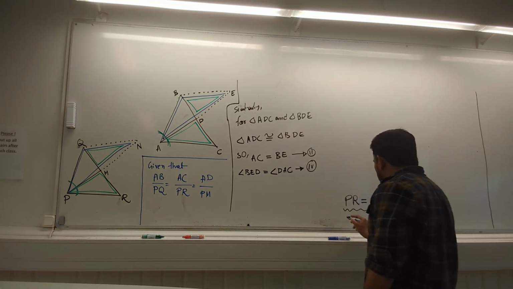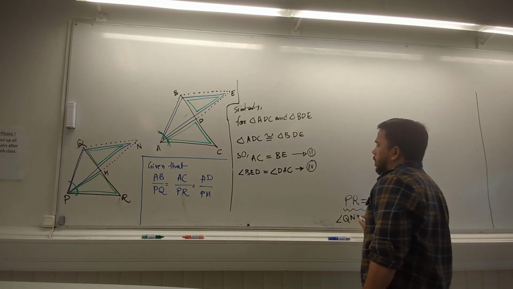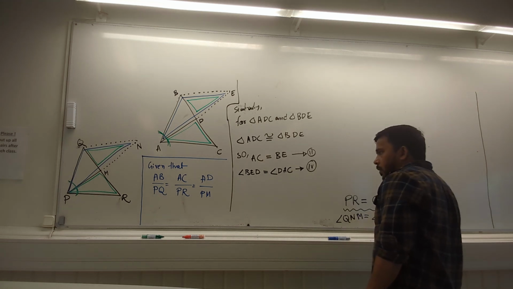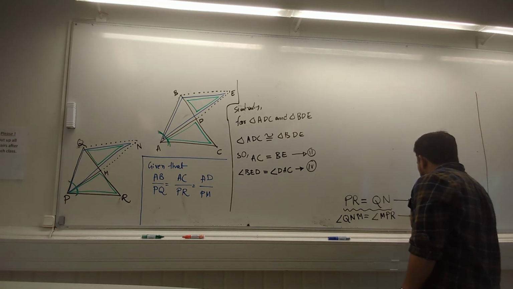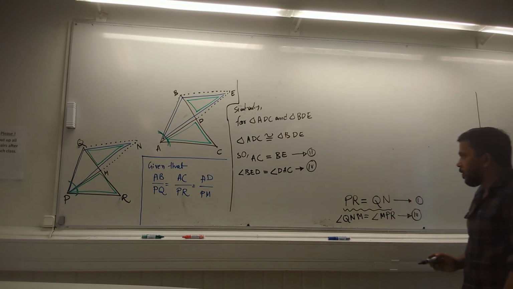So I can write here angle QNM is equal to angle MPR, and let me call this number 3.